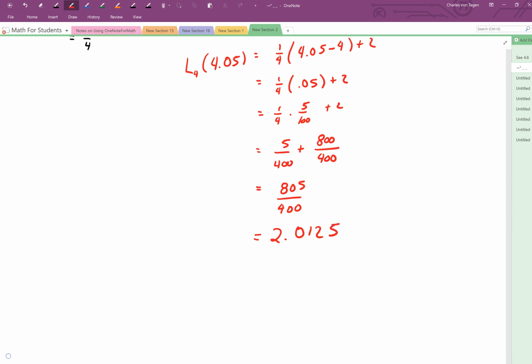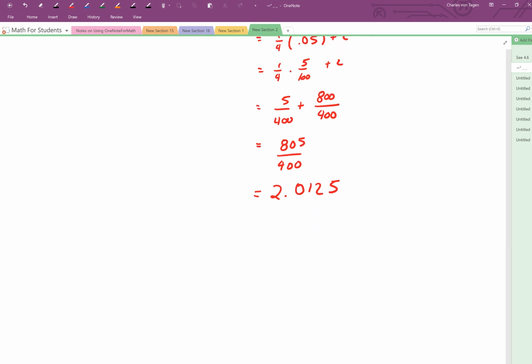2.0125. So again, what we're doing here is we're approximating the square root of 4.05. I am never plugging 4.05 into a square root function. Instead, I'm plugging it into a linear function. I'm plugging it into a line, and I'm saying that the square root of 4.05 is approximately 2.0125.